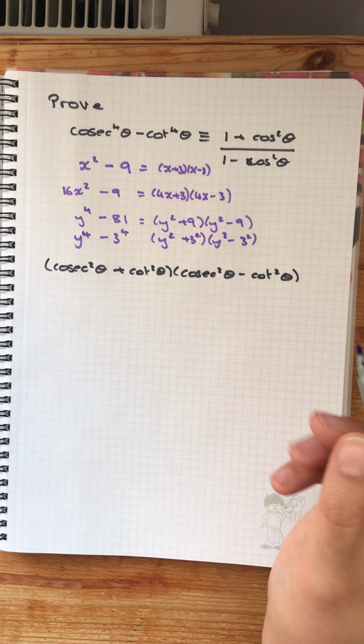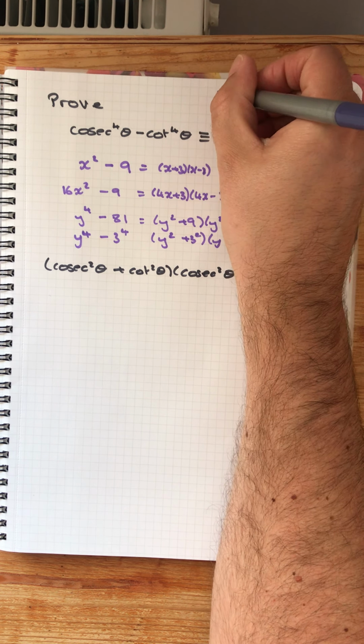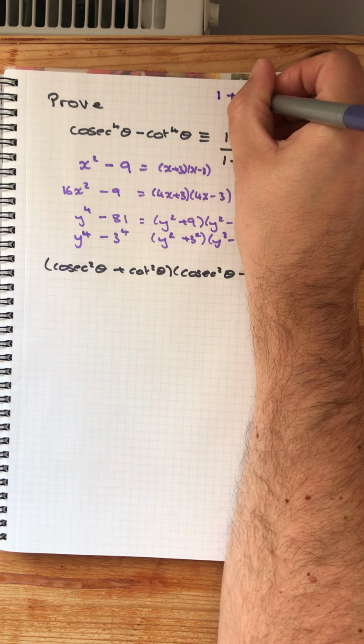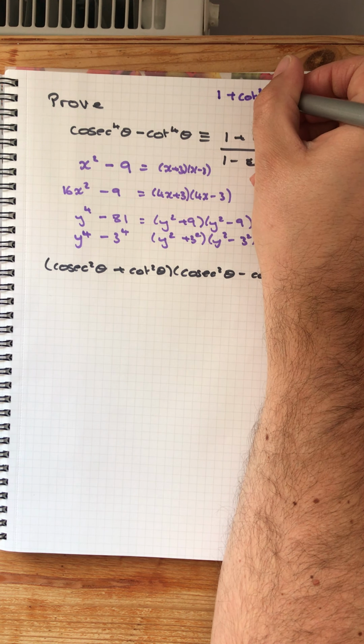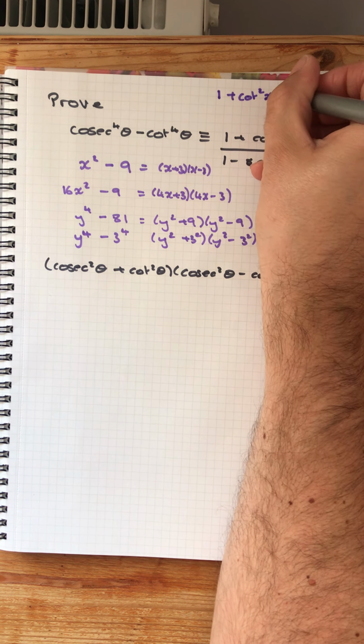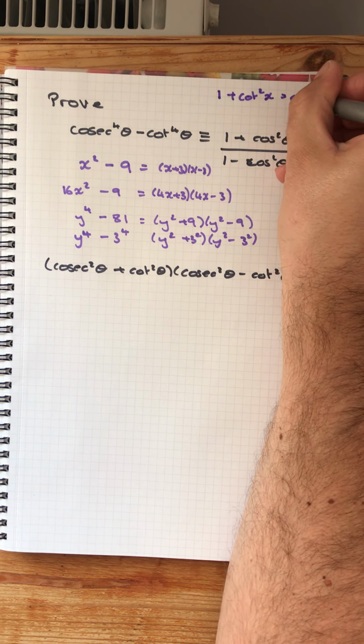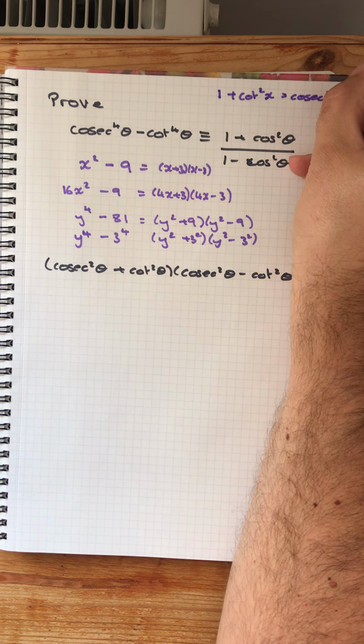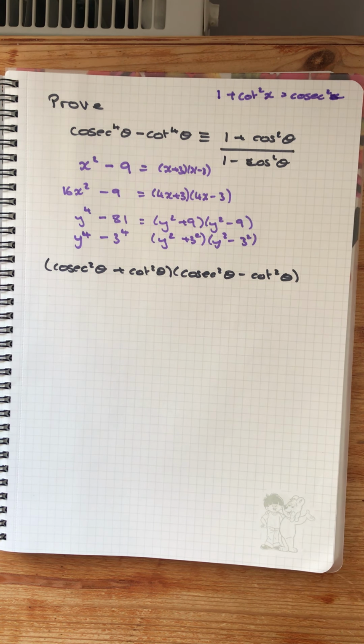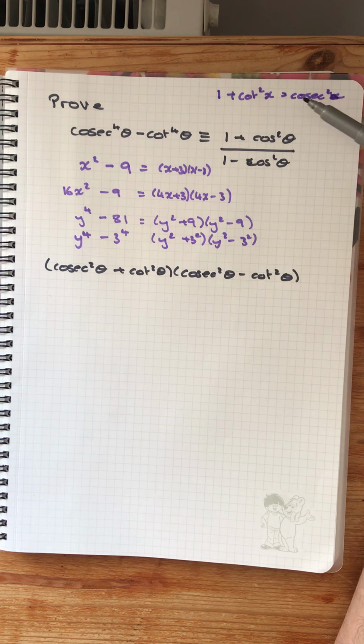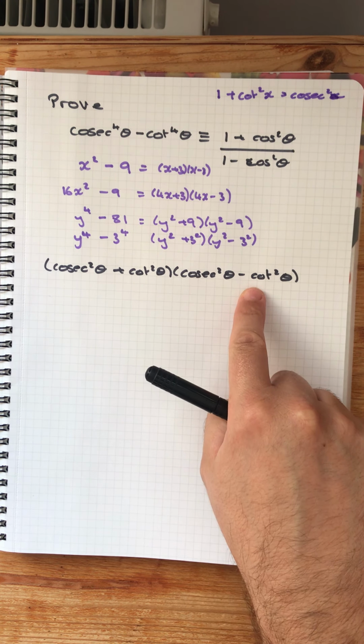So save me turning over the page, but you would have had on the previous page, you should have written down in front of you that 1 plus cot squared x is equal to cosec squared x. I could use theta and theta. So let's have a little think about it. If I rearrange this, does this identity appear anywhere here?